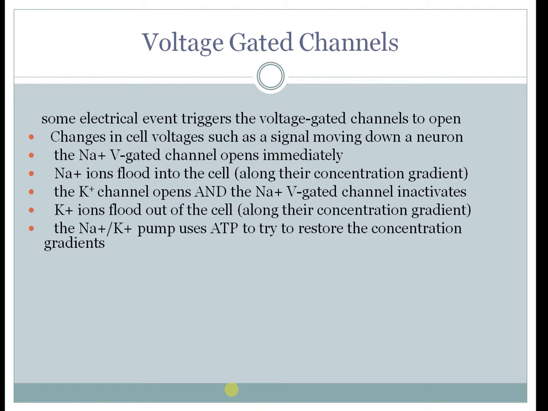Then the potassium channels open and the sodium voltage-gated channels are inactivated, so potassium ions flood out of the cell along their concentration gradient. The sodium potassium pump uses ATP to restore the concentration gradients.